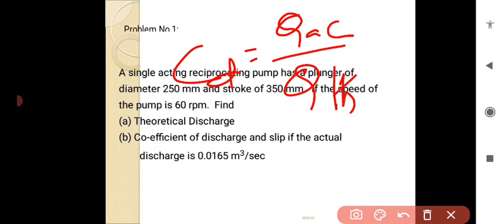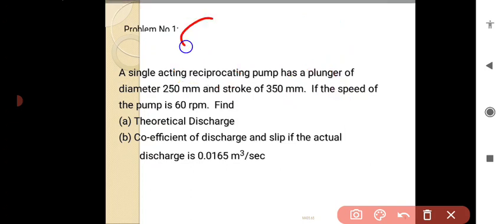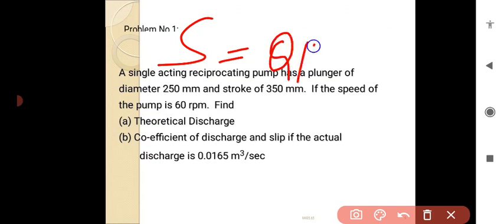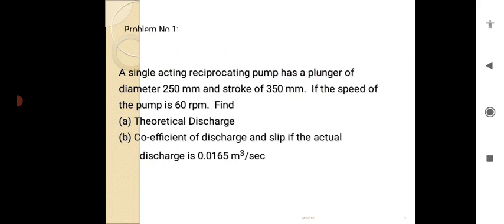This is the formula to find the coefficient of discharge. And slip S is equal to theoretical discharge minus actual discharge. This is for positive slip. These are the formulas to find the theoretical discharge, coefficient of discharge and slip. Now let us solve the problem.